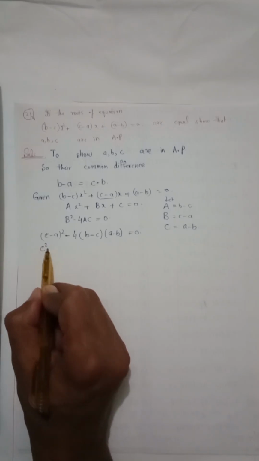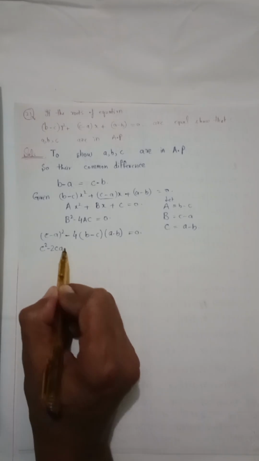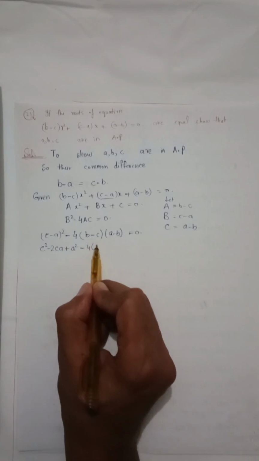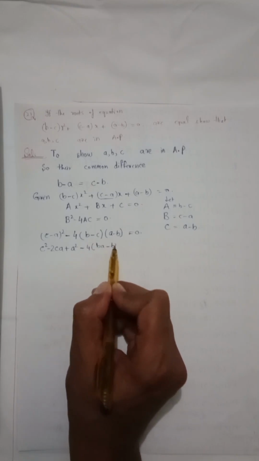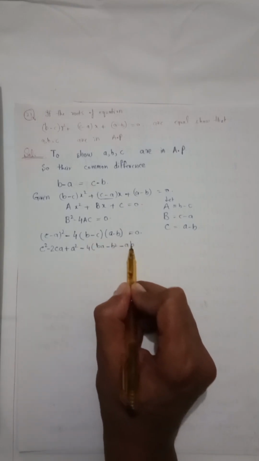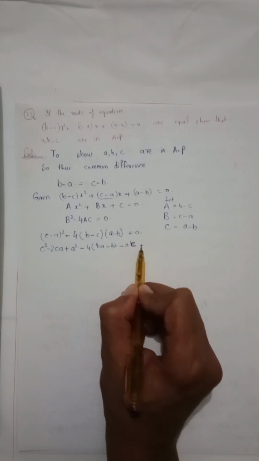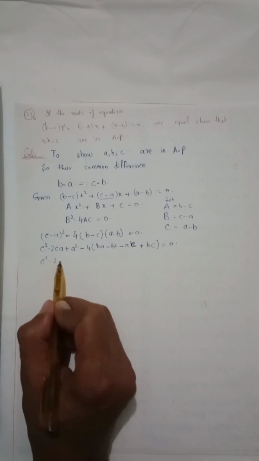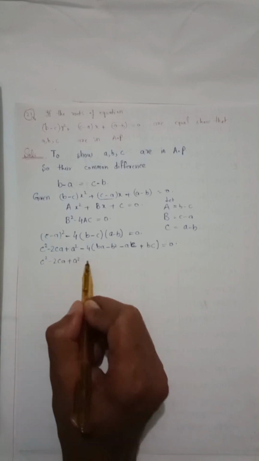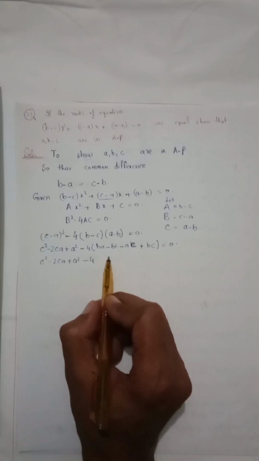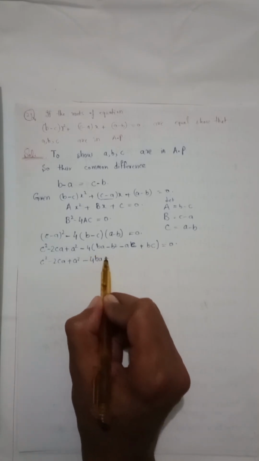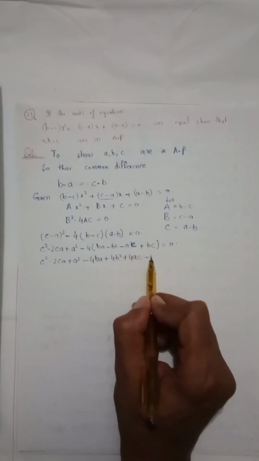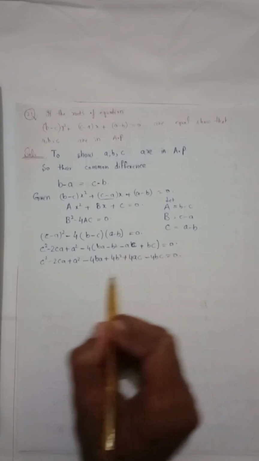Expanding this square: c square minus 2ca plus a square minus 4 into (ba minus b square minus ac plus bc) equals 0. c square minus 2ca plus a square minus 4ba plus 4b square plus 4ac minus 4bc equals 0.